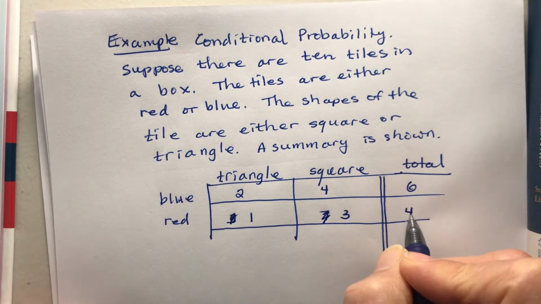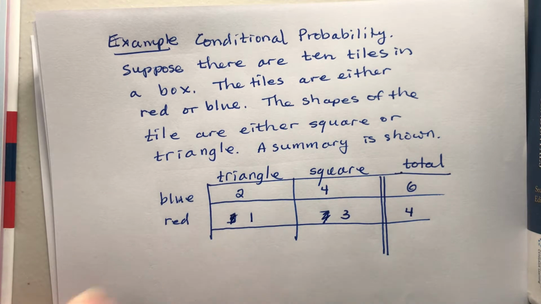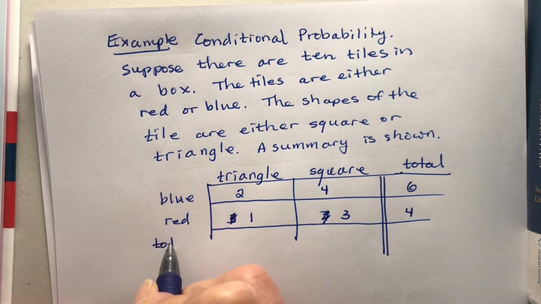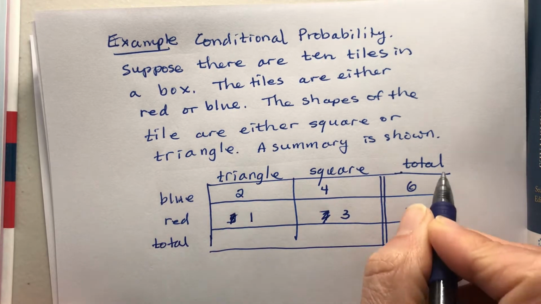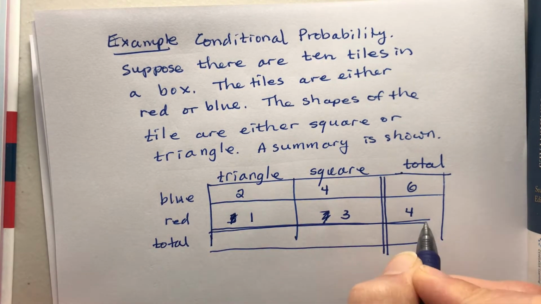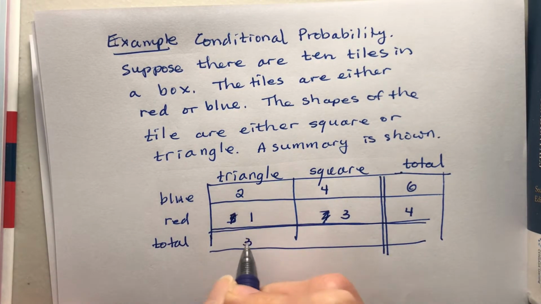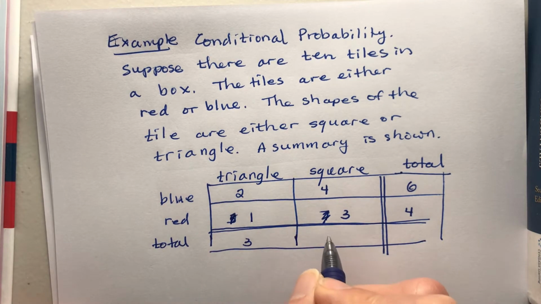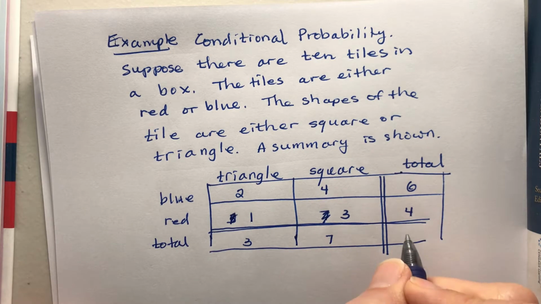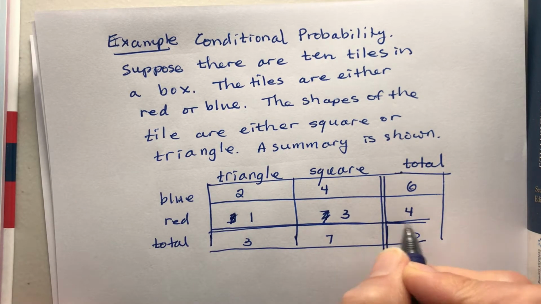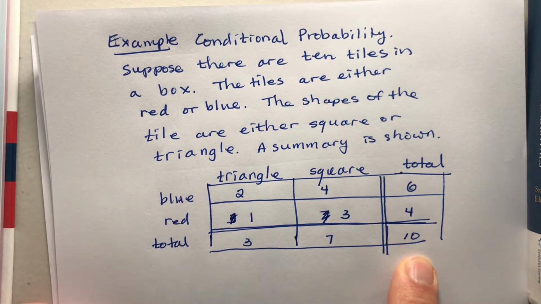So in total, there are 4 reds. There are a total of 3 triangles and 7 squares. The grand total of all in the box is 10.